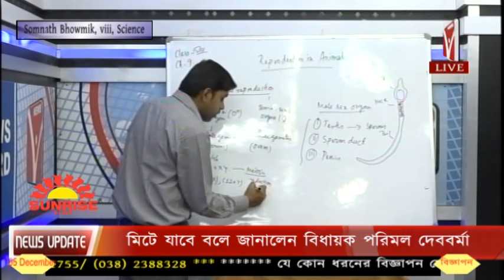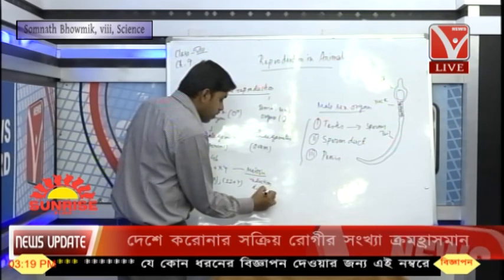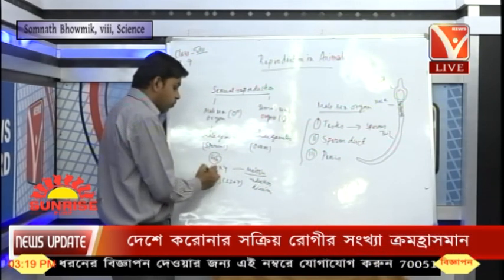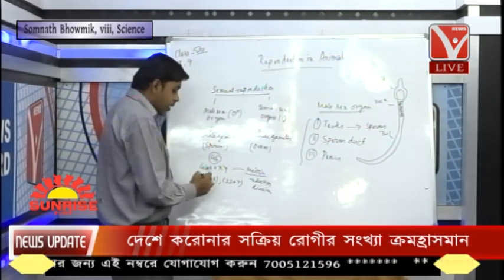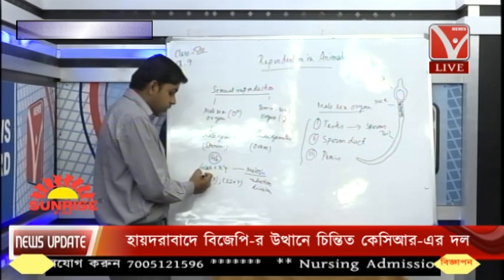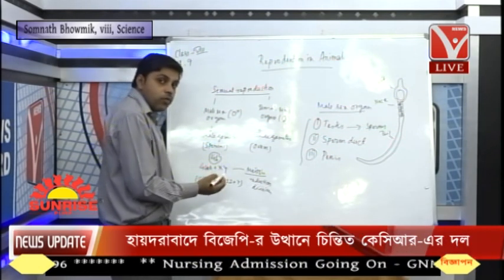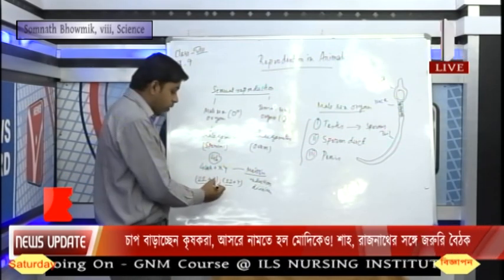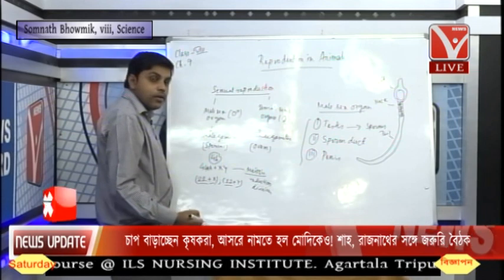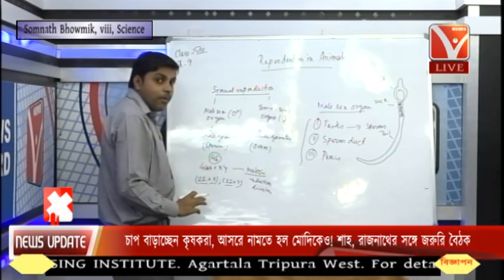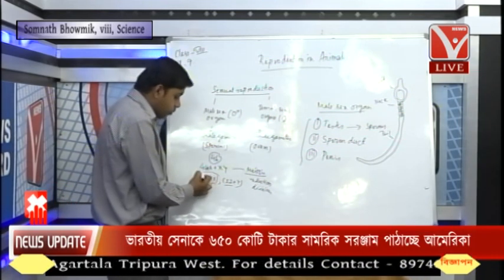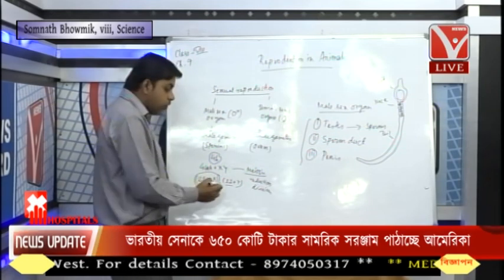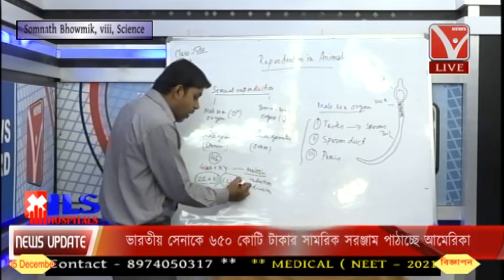Why reduction division? Because the 46, that is 44 plus XY, divides. If I divide 44, it will be 22 and 22. And if I divide X and Y, it will be 1 X and 1 Y. So this gamete contains either 22 plus X or 22 plus Y chromosomes.